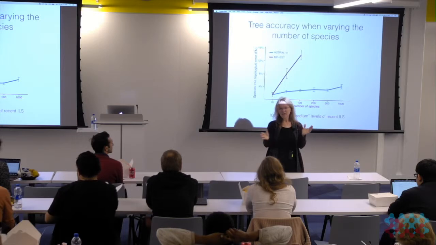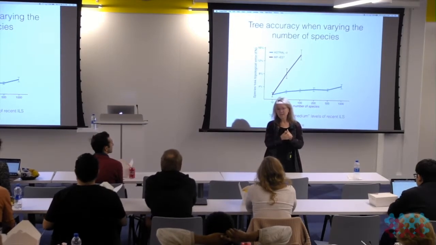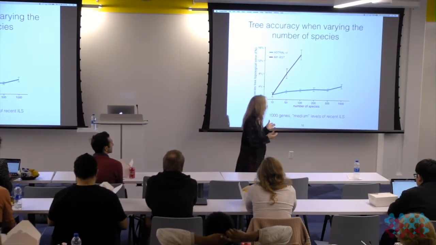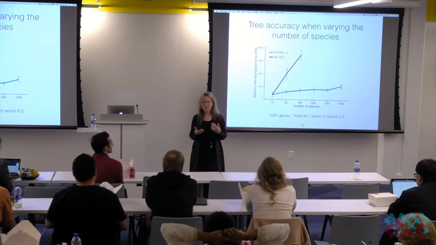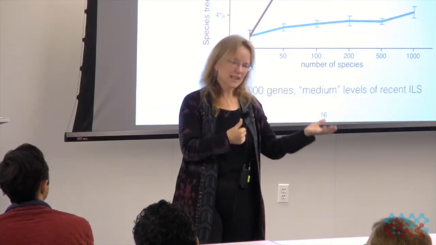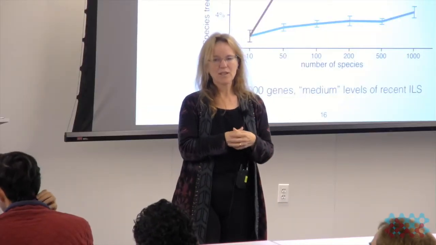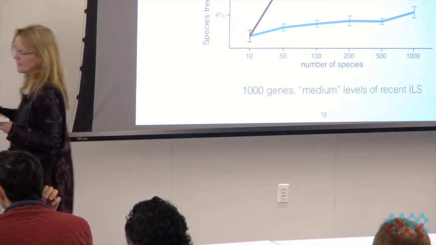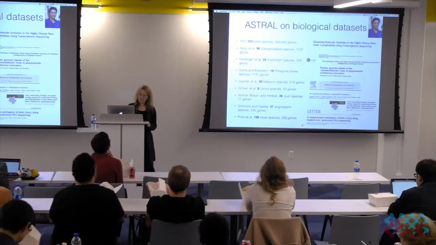Okay? So Astral has less error than MP-EST, but Astral also in some conditions has less error than concatenation. And again, the choice between concatenation and Astral is really how much gene tree error there is. If you have too much gene tree error, you should probably do concatenation. But the amount of gene tree error that you need before it becomes good to switch is actually fairly high.